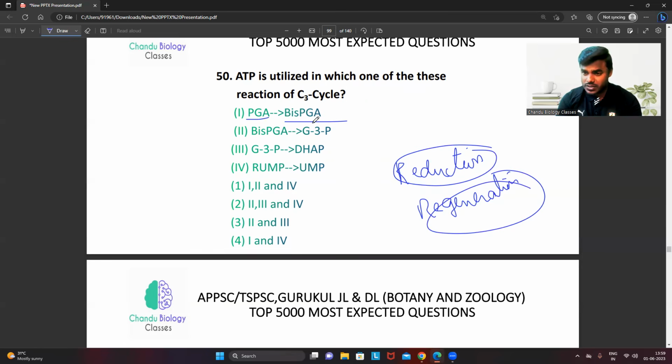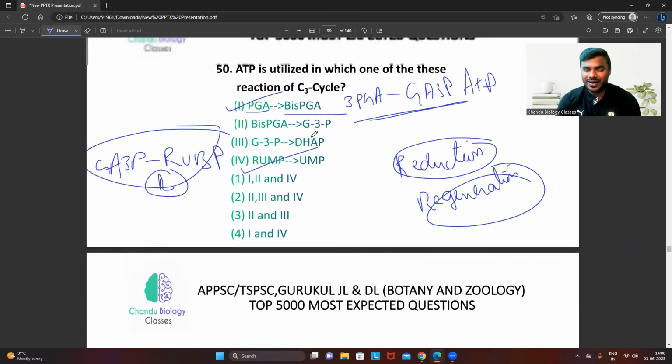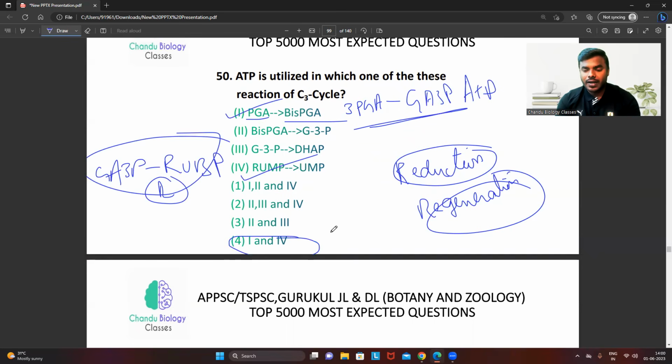Not to get confused, friends, it's a very important one. I will give you in simple words. First step, 3-PGA converted into GA3P. This is the reduction. Here we use the ATP. Then, GA3P can be converted into RuBP. This is the regeneration. So the first step and the 4th step. These 2 are the steps where the reduction and regeneration occur. Here ATP can be utilized.